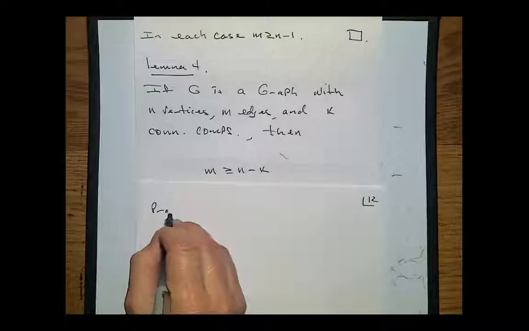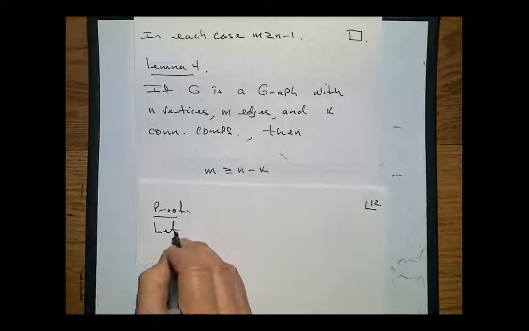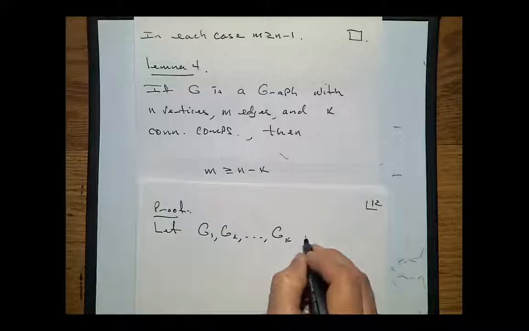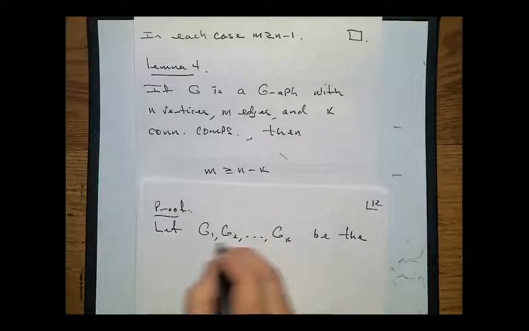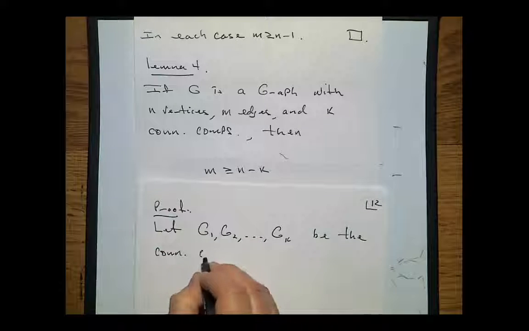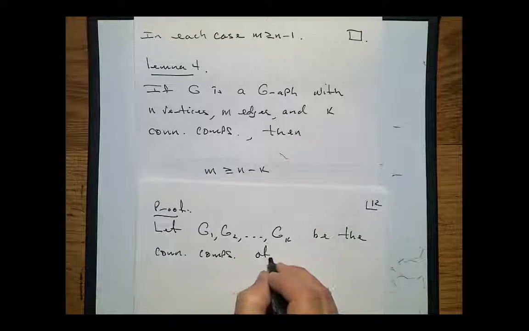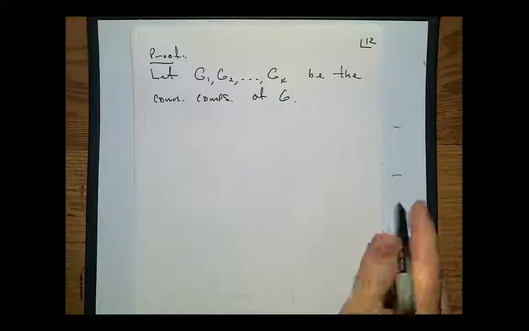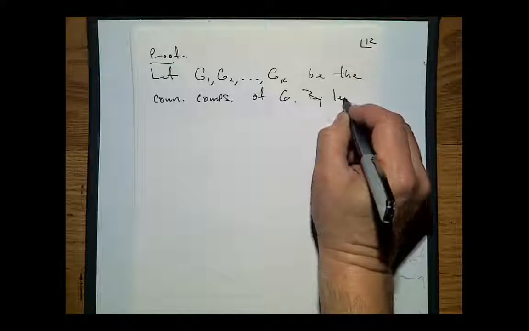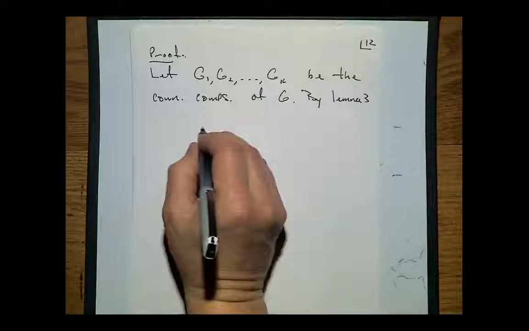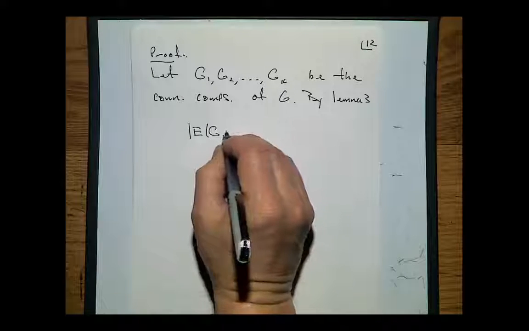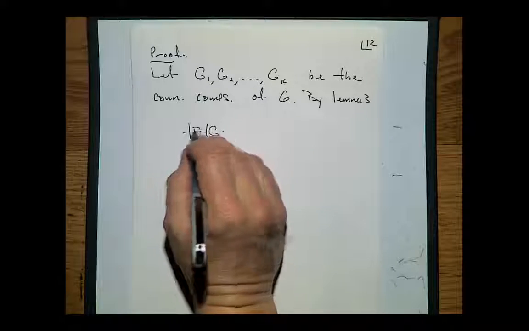Proof. Let G1, G2, through GK be the connected components of G. Has K of them. Let's give them names. So these are all connected, so I can apply the last lemma. By lemma 3, we have the number of edges in GI. I tell you what, let's introduce some notation.